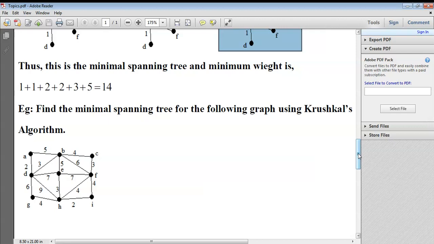In the process it should not have any cycles, and you need to continue the process until every pair of vertices are connected, so that it will be a spanning tree. Okay, and it will be a minimal spanning tree.